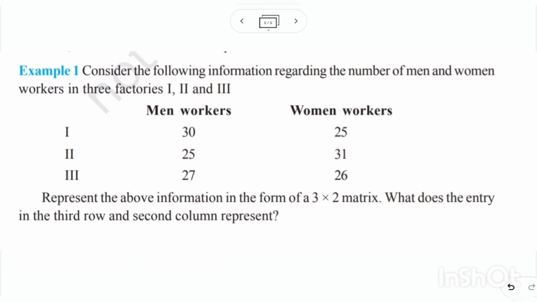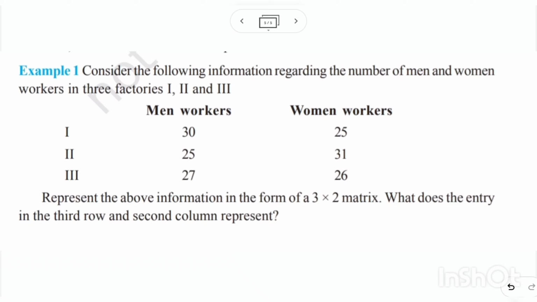The first factory has 30 men workers and 25 women workers, and the second factory has 25 men workers and 31 women workers, and for factory 3, 27 are men workers and 26 are women workers. Now represent the above information in the form of a 3x2 matrix, obviously.